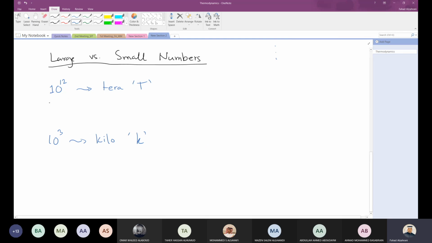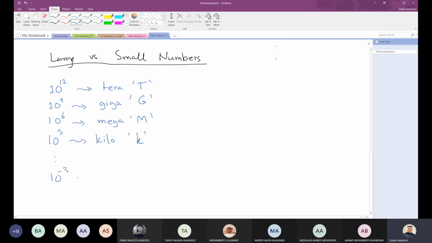Some of the others, guys: 10 to the 9 we call Giga, which is G. 10 to the 6, that's mega, which is M. Of course, if we go negative, the power is negative.